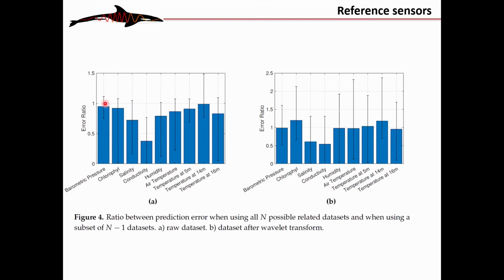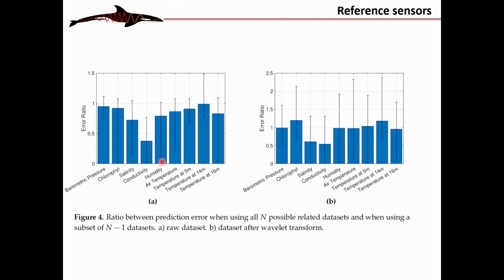The barometric pressure was one of the sensors the experts marked as maybe related to temperature. But when we looked at the data over time, and we have lots of data, like 3 years of data collection for that sensor, we saw there is actually not so much of a relation. But we did see a very strong relation with the conductivity and with the salinity. So we use those, and maybe also the humidity, as the reference sensors.